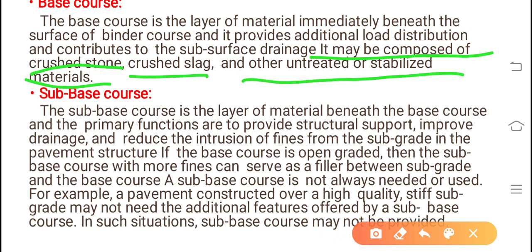So the base course is just below the binder course, and it provides additional load distribution and contributes to the subsurface drainage. It may be composed of crushed stone, crushed slag, and other untreated or stabilized materials.